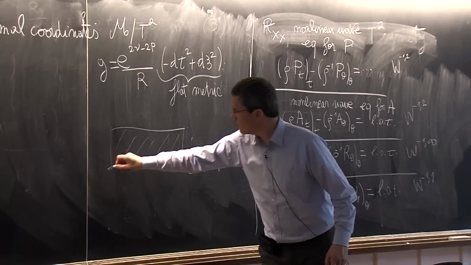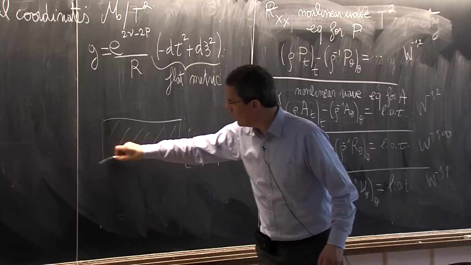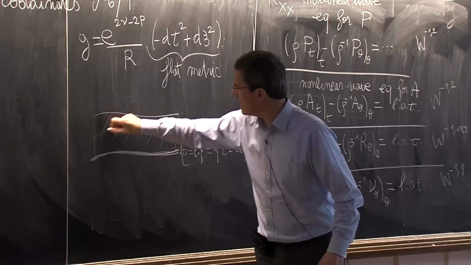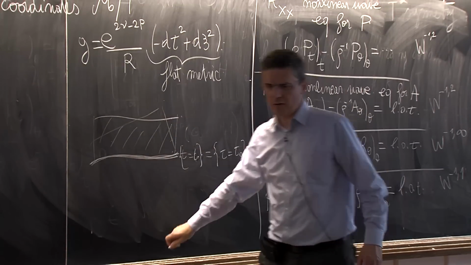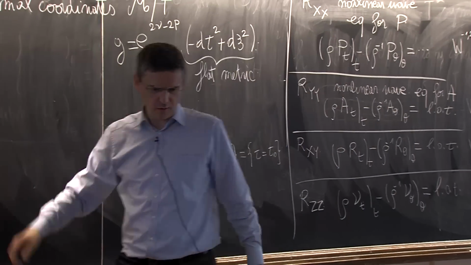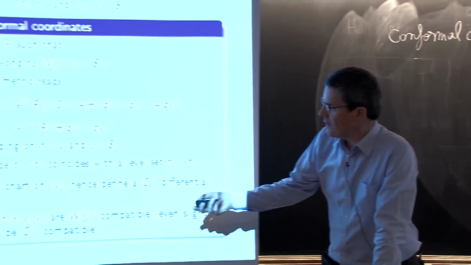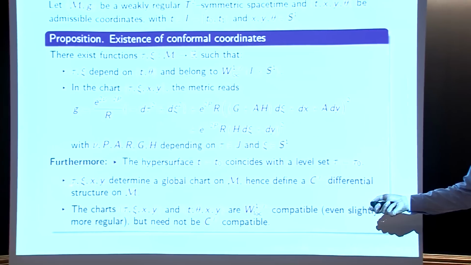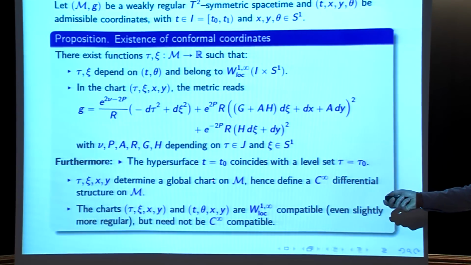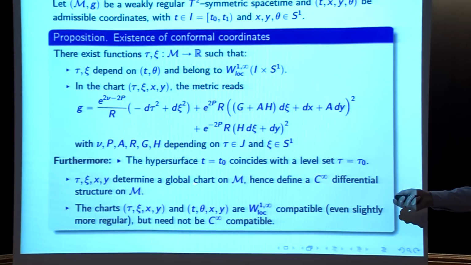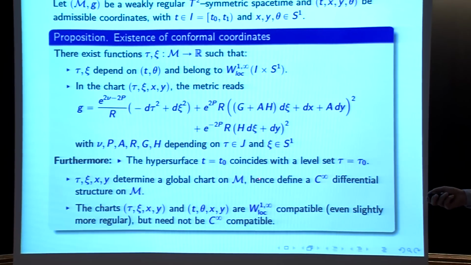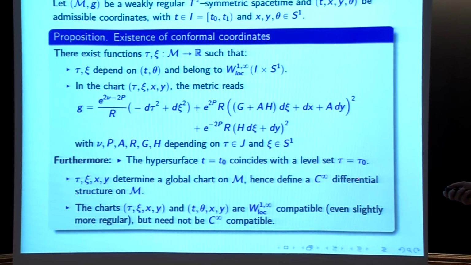So I'm taking the same coordinates here, but I'm changing the coordinates in the future. We'll do that in such a way that the new coordinates tau, psi, x, and y determine a global chart on our manifold, or the piece of the manifold that we are looking at, and they will define the C-infinity differential structure.